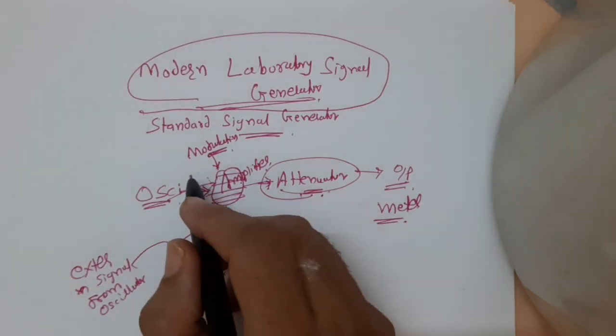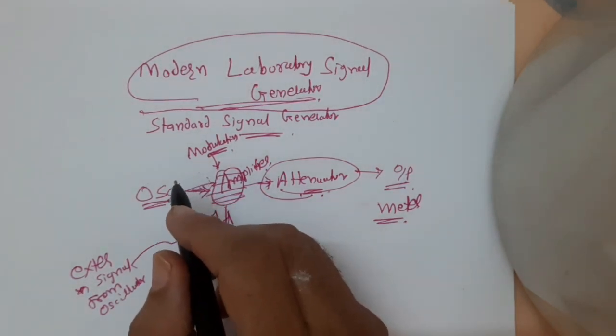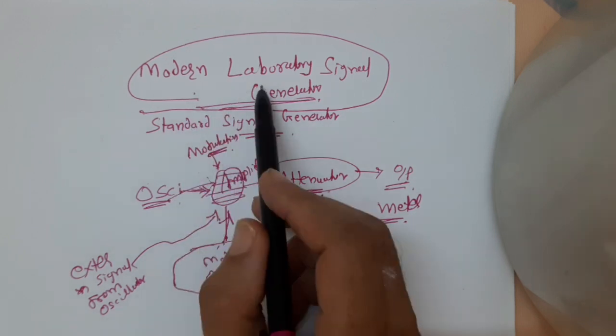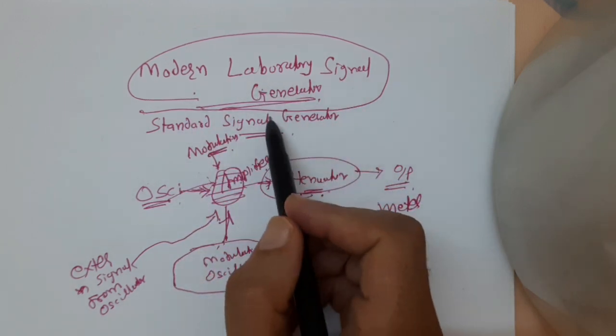To improve the frequency stability, a single master oscillator is optimally designed for the highest frequency range, and frequency dividers are switched in to produce the lower ranges. So from the highest range of frequency to the lowest range, we are using the modern laboratory signal generator.